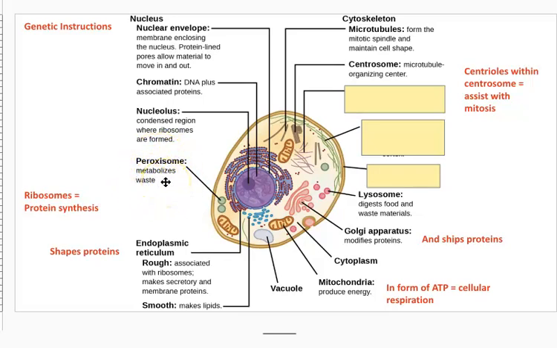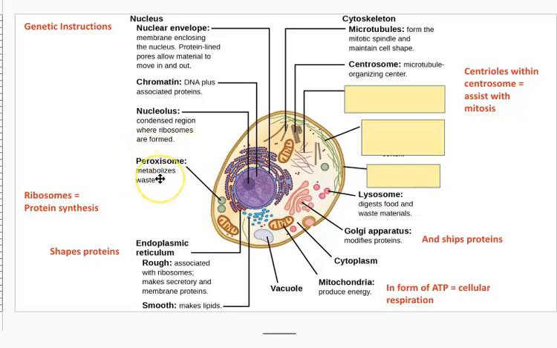So an example of where you would see this is in liver cells. All your blood goes through your liver at some point, and the liver cells are loaded with peroxisomes. And what they will do is, let's say someone drinks alcohol or takes a drug. As the blood goes through your liver, the peroxisomes will break down the alcohol or the medication or the drugs to then decrease your blood alcohol content and so on.